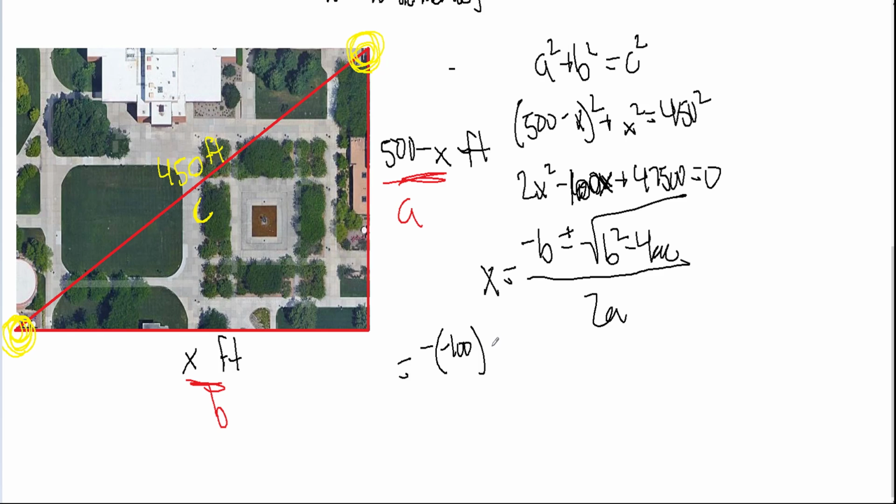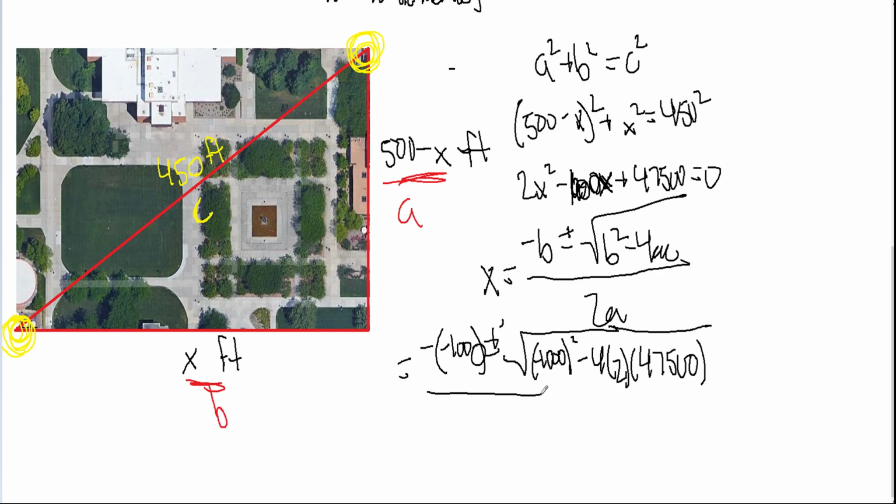And so if we substitute everything in, we'll have negative times negative 1 times negative 1,000 actually. So up here it's supposed to be 1,000. And then plus or minus the square root of 1,000 squared minus 4 times 2 times the 47,500, and then all of this divided by 2 times 2.